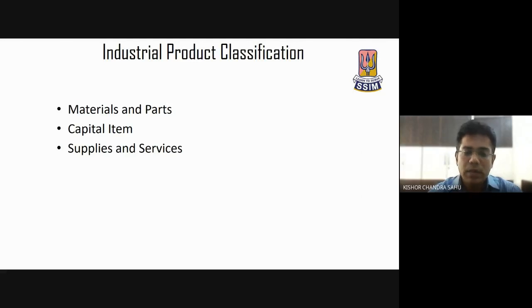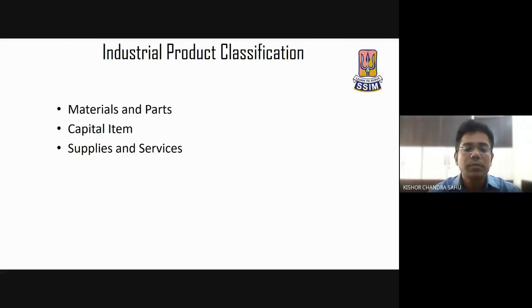The second one is capital items or capital parts, which are typically long lasting, and they facilitate developing your finished product. For example, your installations or any equipment in the offices, such as air conditioners, or fax machines, or any small equipment used in factories and plants. Then supplies and services.